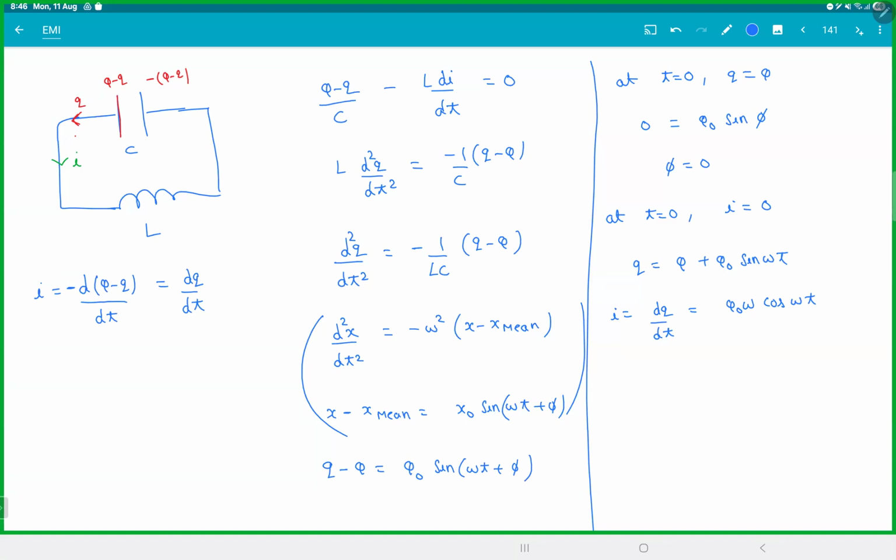Where am I going wrong? I think I should have just taken small q on the charge plate. That q naught should come out to be, if current is 0, q naught omega times 0. I'm getting q naught is 0. Yeah, that would be easy, but what is wrong with this? You can tell me where I went wrong here.